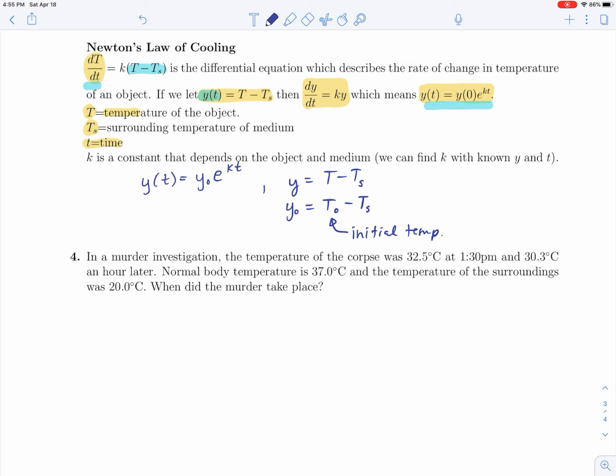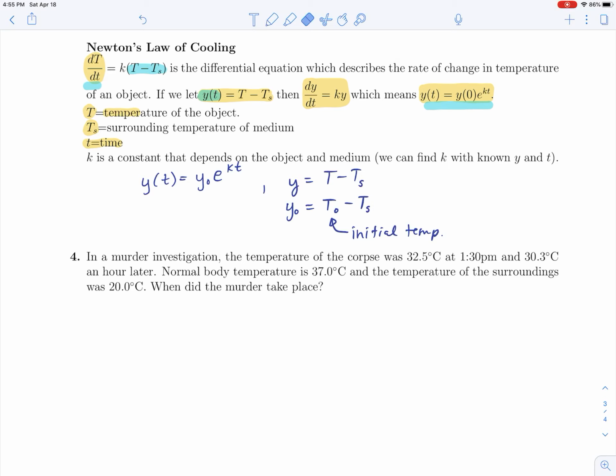So the medium is the surrounding medium, whatever the object is in. And in Newton's law of cooling, y here is temperature minus surrounding temperature. So let me go ahead and leave it like that.